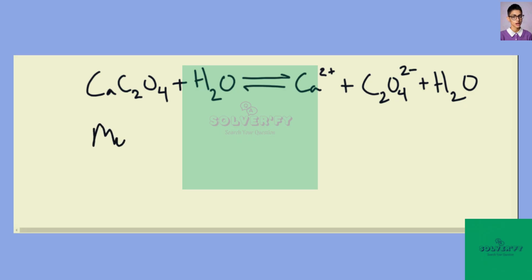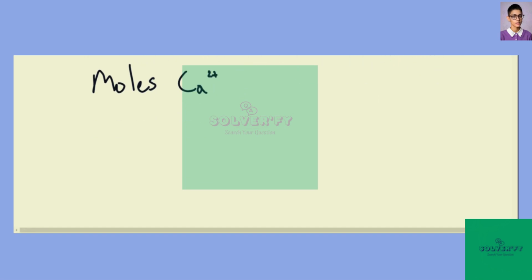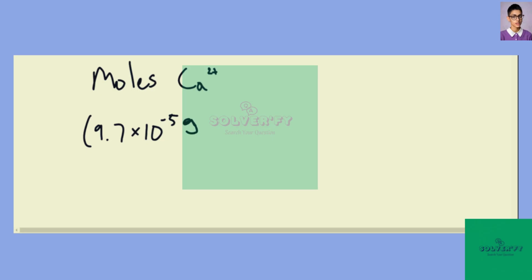So to find moles of calcium, 2 plus, what we do is we have 9.7 times 10 to the negative fifth, and that's grams per milliliter, okay? And we have 104 milliliters of that. And we don't need to convert this to liters because this is in milliliters here, and so this will cancel out.